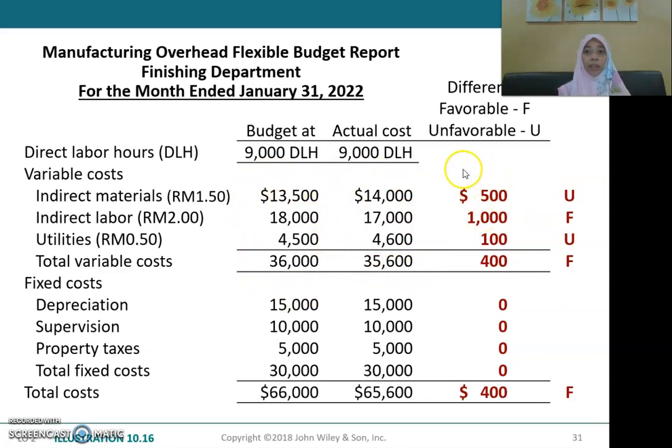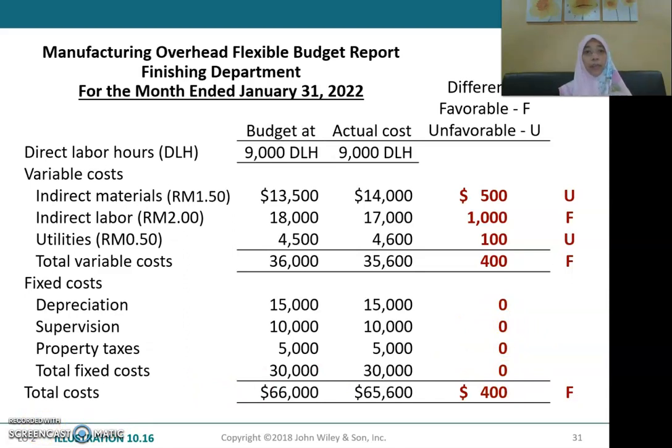From there, you know whether you have a favorable or unfavorable variance. This one is the difference. For example, your indirect material, you budget to incur 13,500 and you incur more, that is 14,000. So you have a difference of 500, and that 500 is unfavorable, and you do the same for the rest. Normally for your fixed cost, if there are no changes, there will be zero variance.